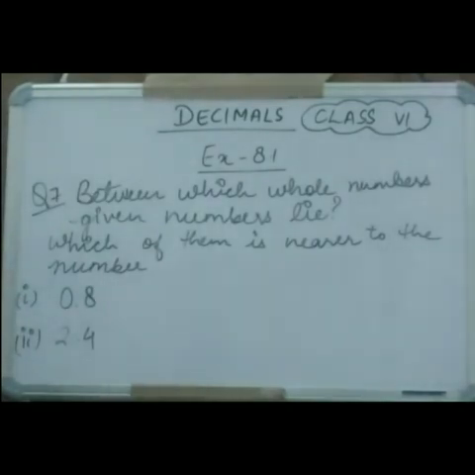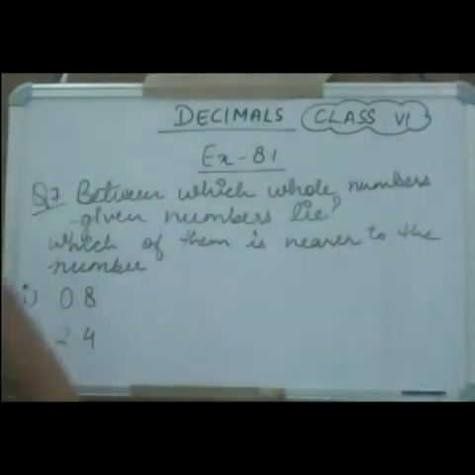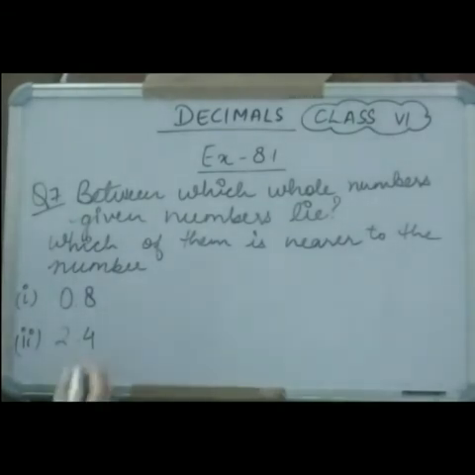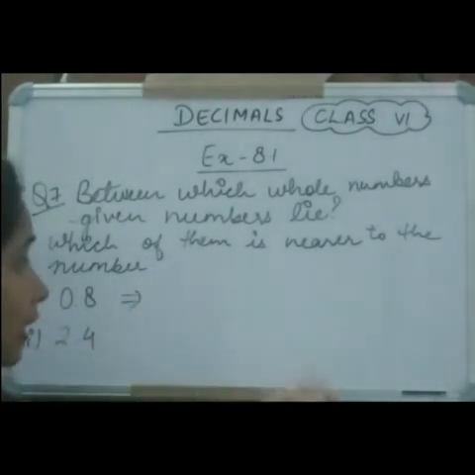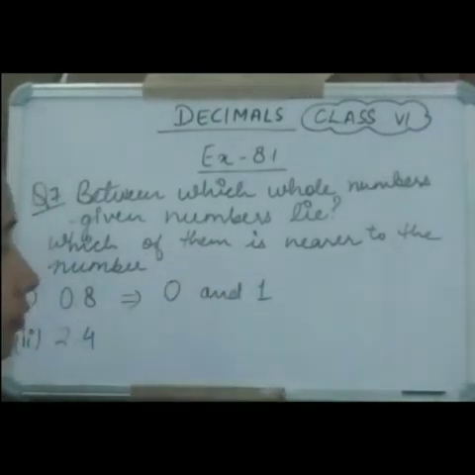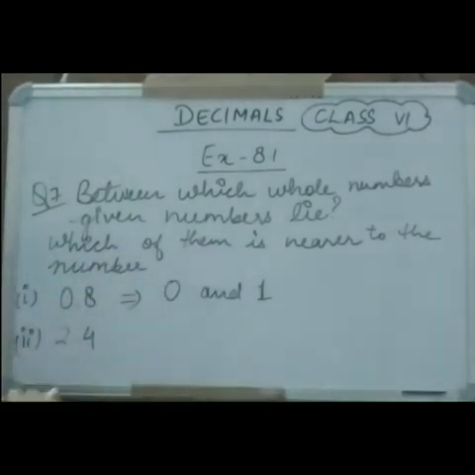Now see the next question, question number 7. Between which whole numbers does the given number lie? You have to tell between which whole numbers these numbers are lying and which one of them is nearer to the number. First of all, 0.8. 0.8 is greater than 0, and it will lie between 0 and 1.